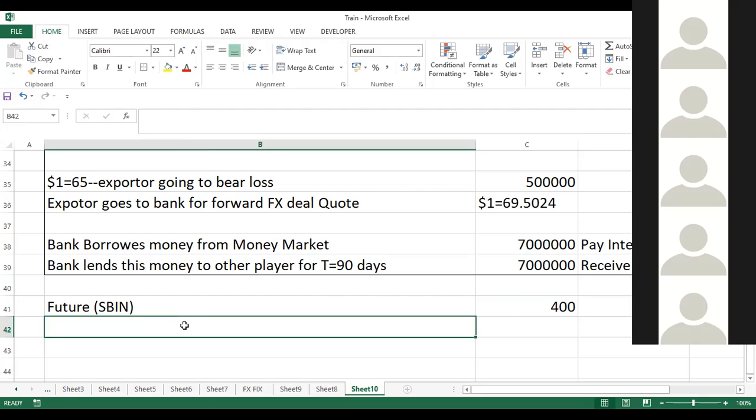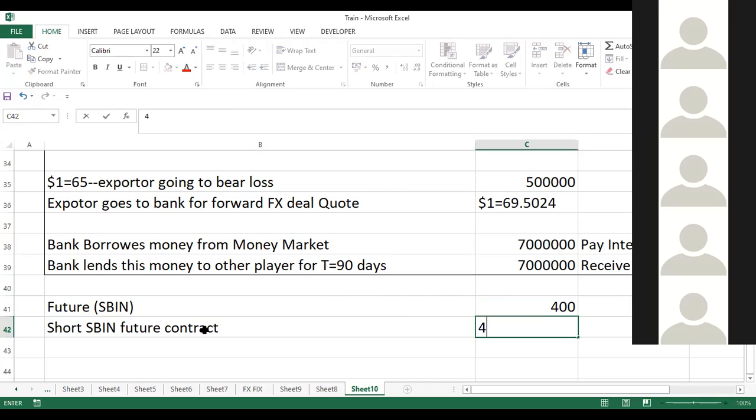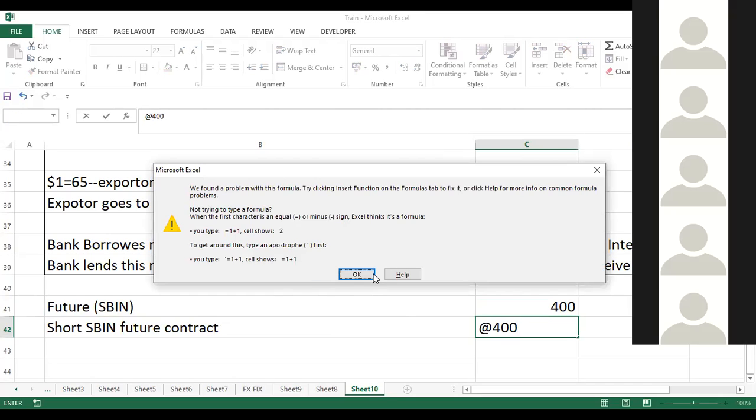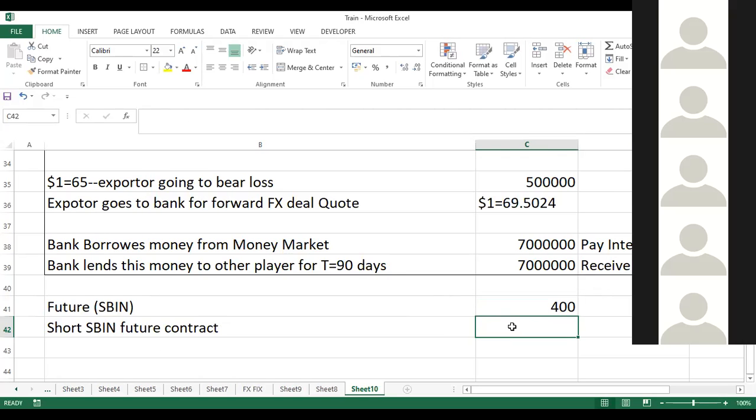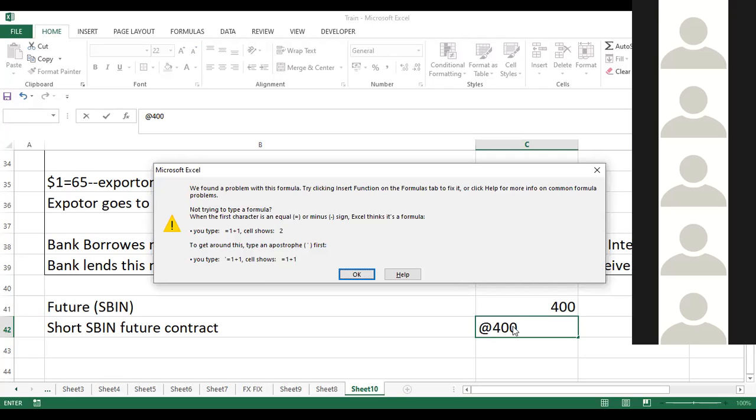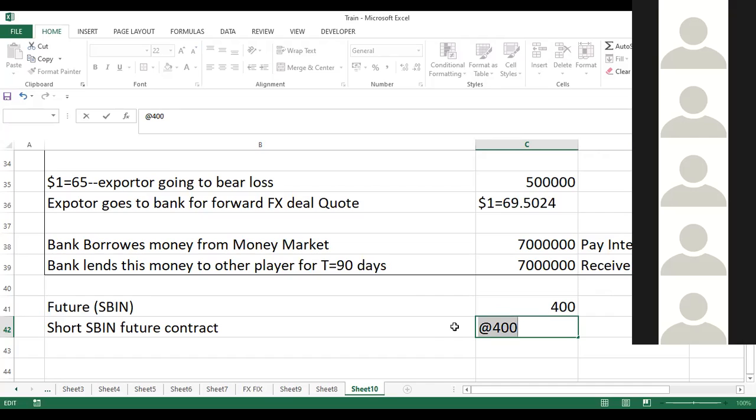So what you can do is short the SBI futures contract at 400.